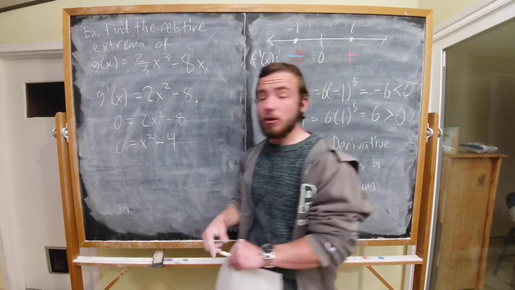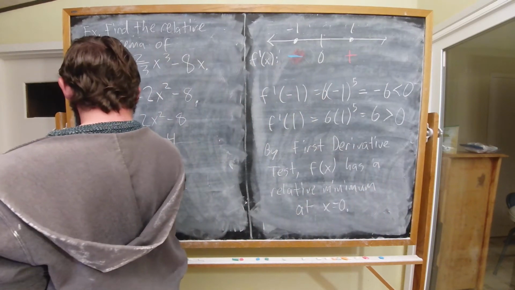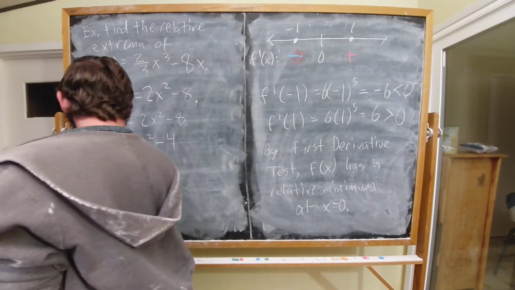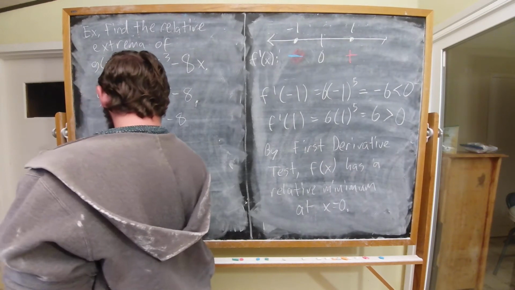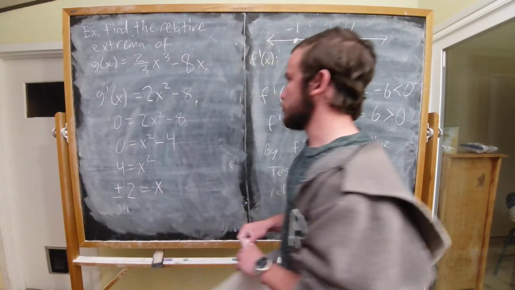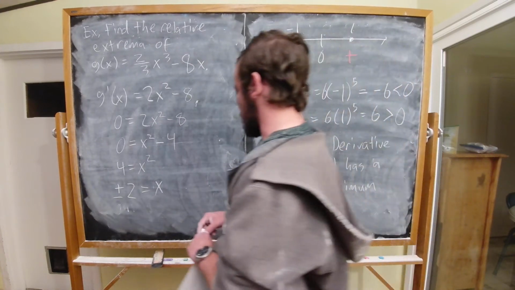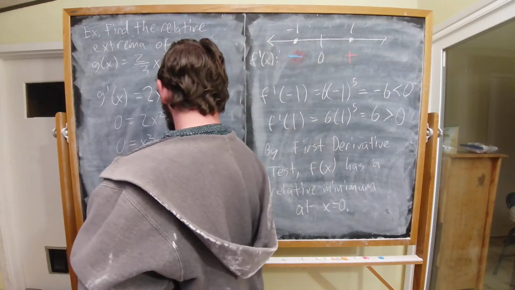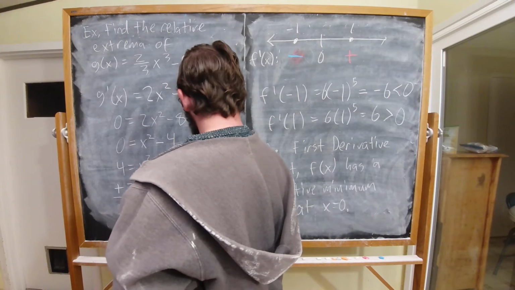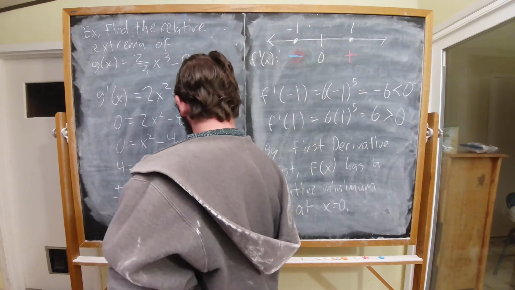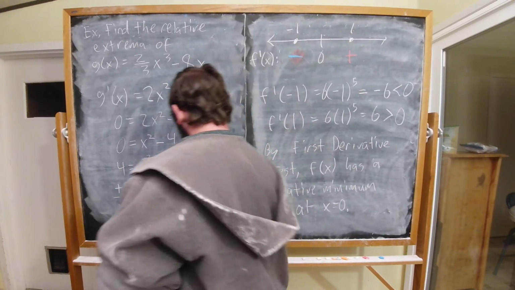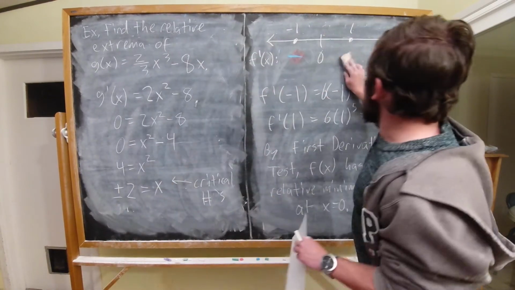Now you can factor or add 4 on both sides. You get 4 is equal to x squared, which means that plus or minus 2 is equal to x. So these are going to be our critical numbers. Let's do it out on the number line.